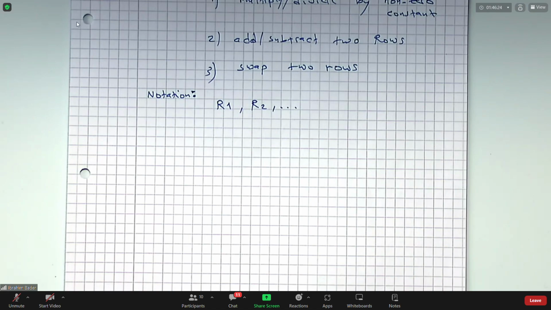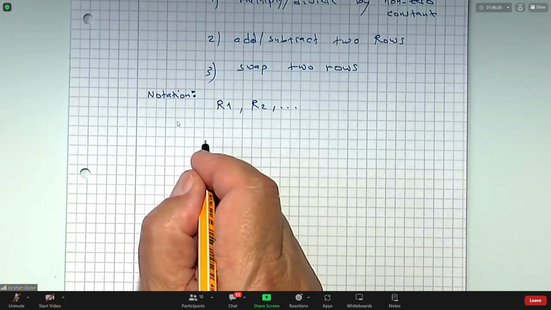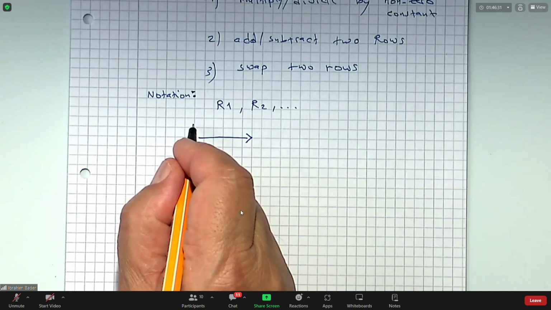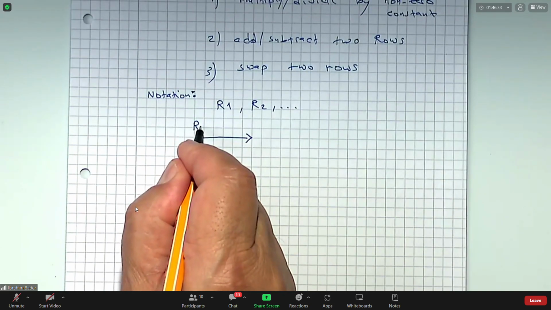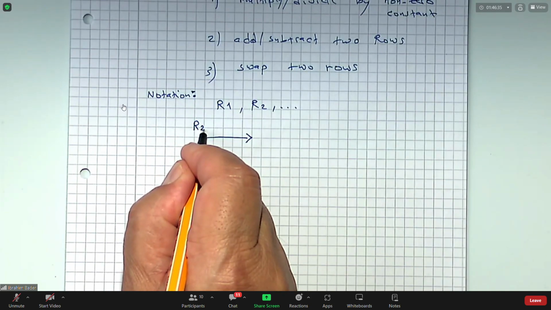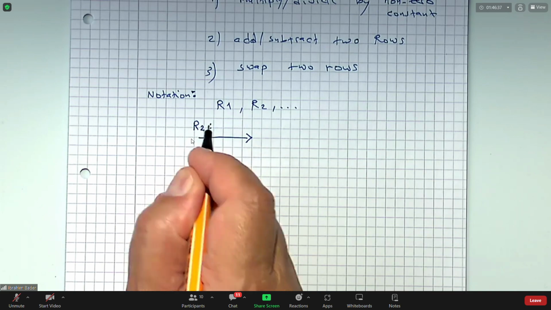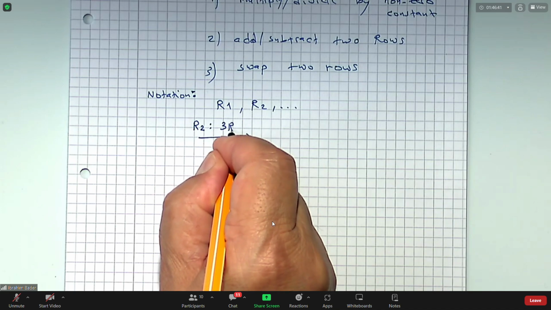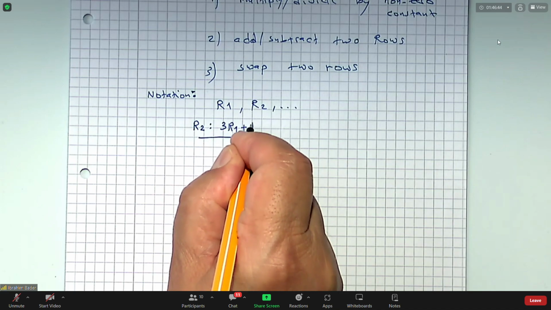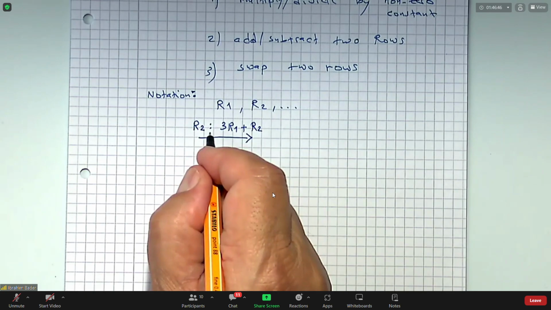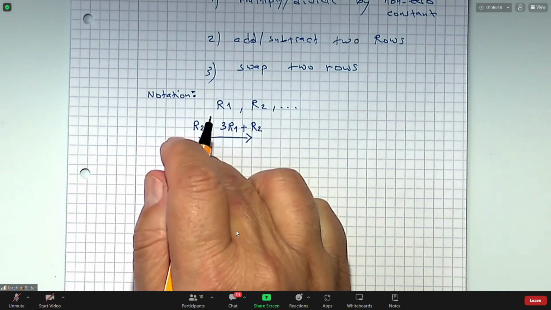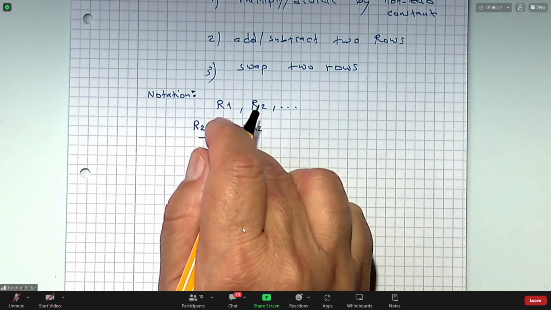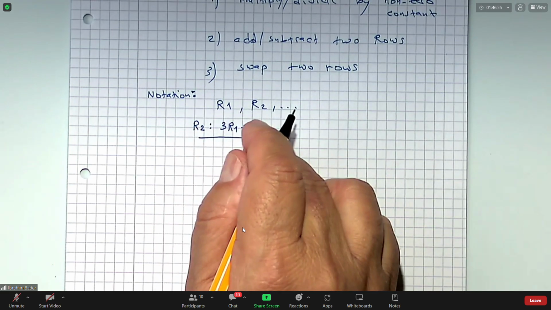So I will be using the following notation. We'll be using an arrow to indicate the step, and then we will write the row that will be changed. For instance, if I want to replace row number 2 with the outcome of adding 3 times row 1 to row number 2, this is the meaning of replacing row 2 by the outcome of adding 3 times row 1 to row 2.